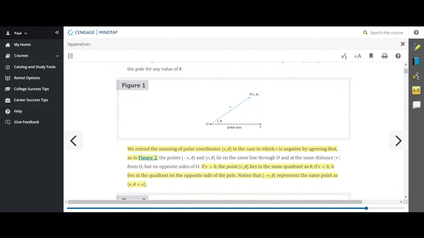Okay, so a polar coordinate consists of an angle and a radius. So you're used to rectangular coordinates. Give me an x coordinate, give me a y coordinate, I'll locate a point in the xy plane with that x coordinate and y coordinate. But with polar coordinates, you have an angle theta that's measured from the positive x-axis, okay?